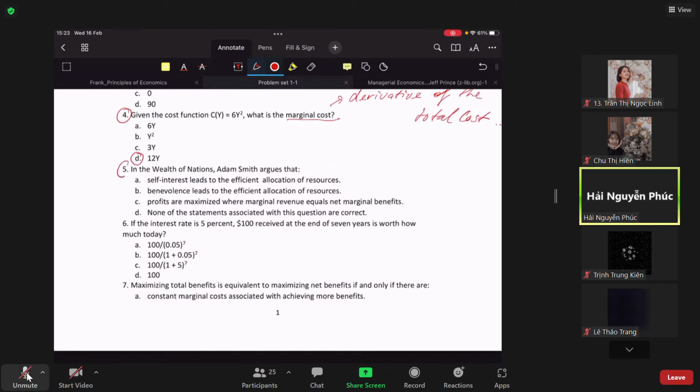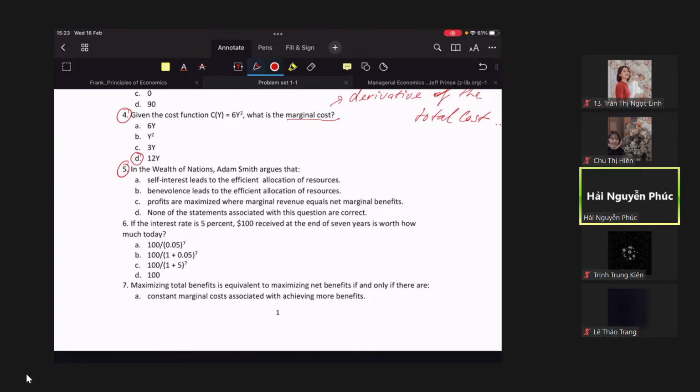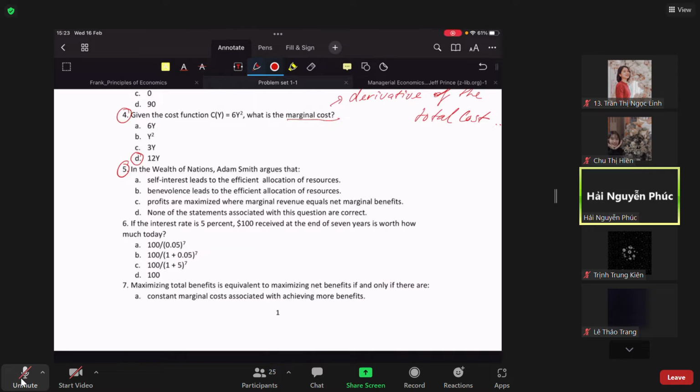Now the fifth. In the famous book, The Wealth of Nations, Adam Smith gave that. Do you know it? Make a guess. What is the key point of Adam Smith?